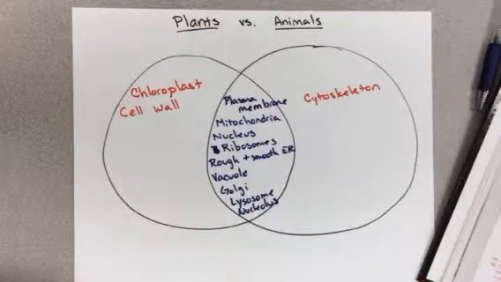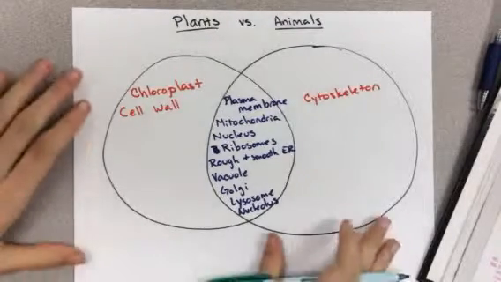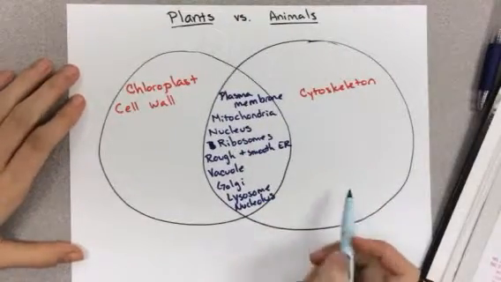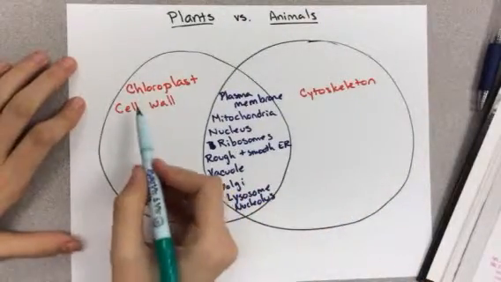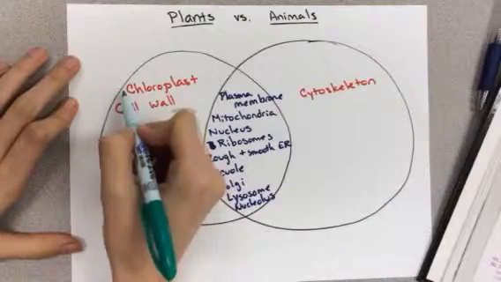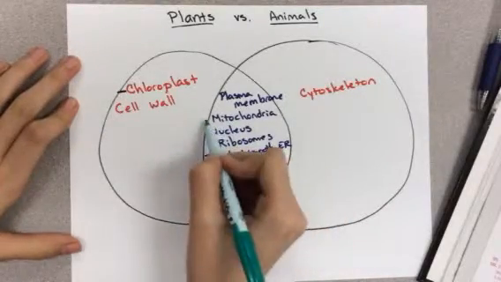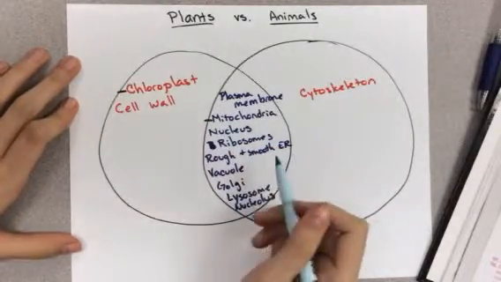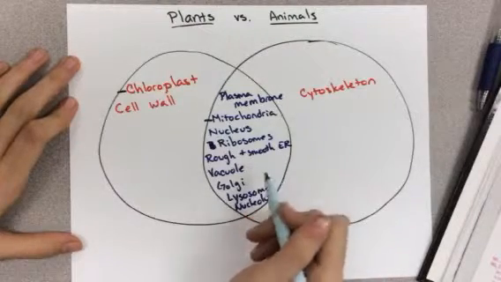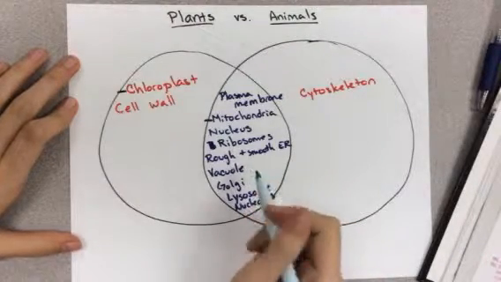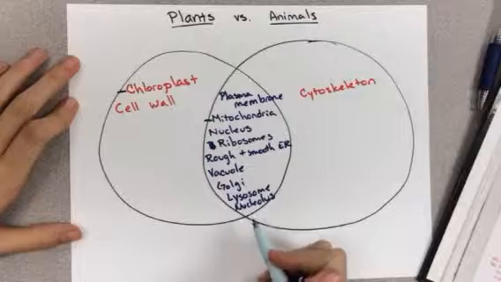Now, I want to draw your attention to some very specific ones. Okay, these are some ideas that students frequently get confused with. A lot of students seem to think that chloroplast and mitochondria are mutually exclusive, meaning that if you have one, you can't have the other.